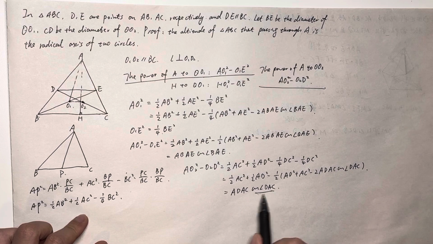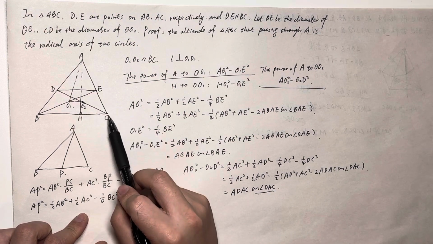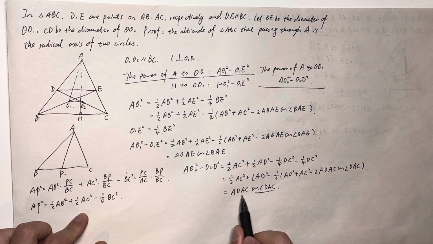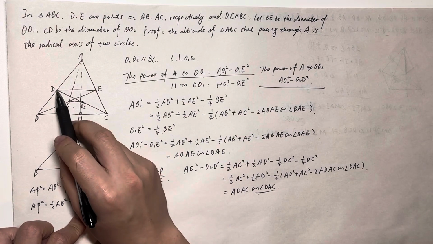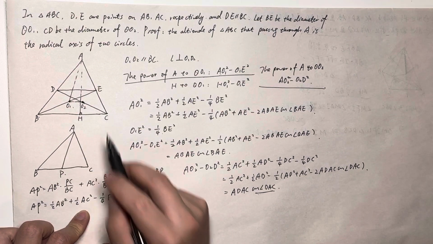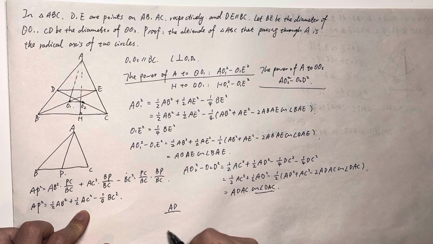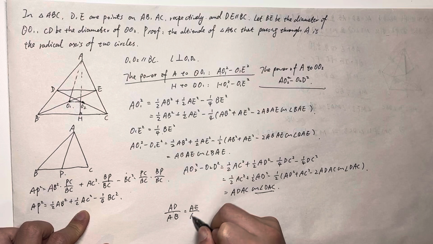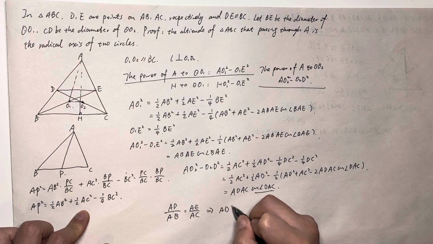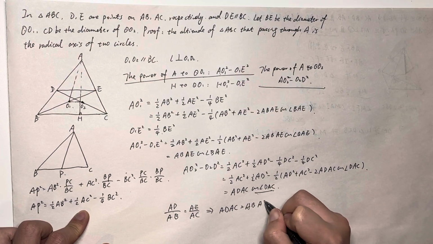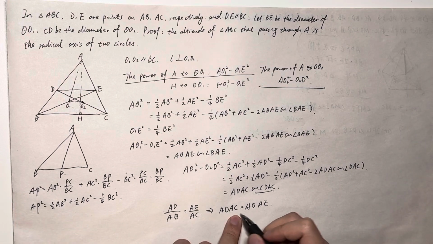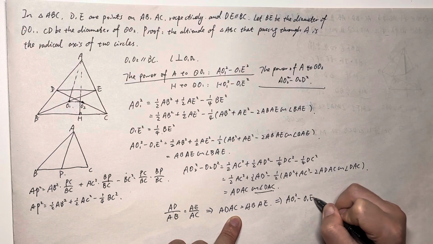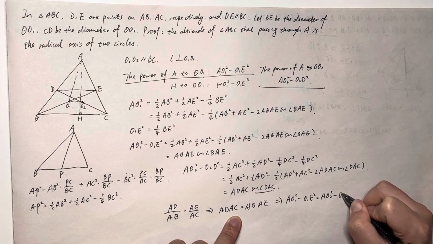Notice that angle DAC is angle BAE. So AB AE and AD AC, because we already know that DE is parallel with BC, AD divided by AB equals AE divided by AC, which means AD AC equals AB AE. So AO1 squared minus O1E squared equals AO2 squared minus O2D squared.